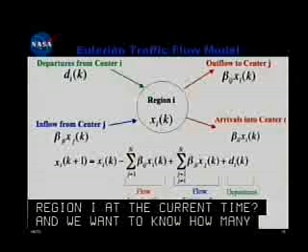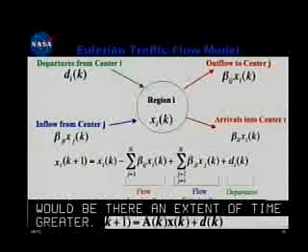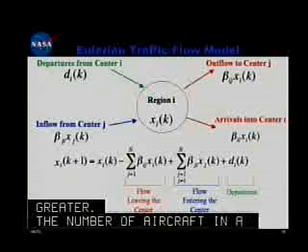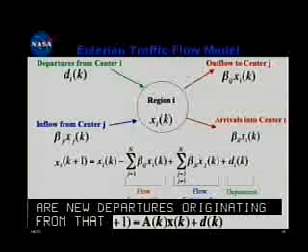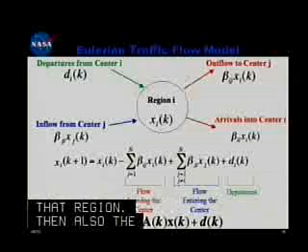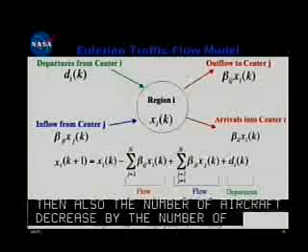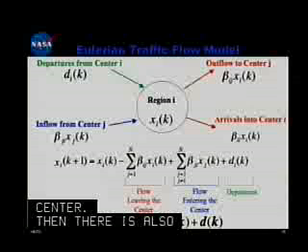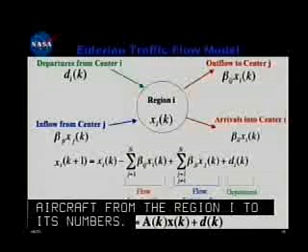The number of aircraft in a region changes because there are new departures originating from airports in that region. Then also the number of aircraft decreases by the number of arrivals at airports in that center. Then there is also flow of aircraft from region i to its adjacent neighbors, and in addition to that, there is the inflow from the neighboring centers to the region.